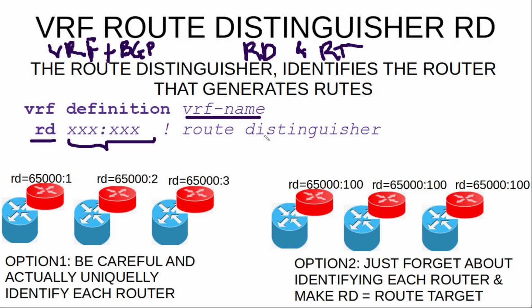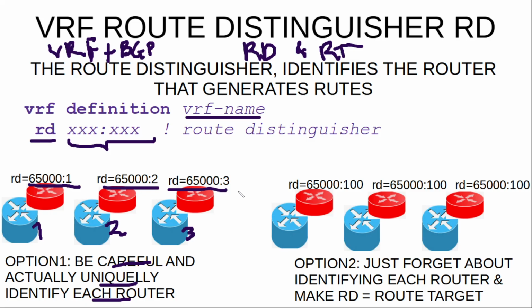That is the original purpose of the route distinguisher. So if you are careful when deploying route distinguishers across your network, you will be assigning a unique identifier for each router. So for instance, for router number 1, your route distinguisher could be this. For router number 2, your route distinguisher will be this. For router number 3, your route distinguisher will be this, and so on.